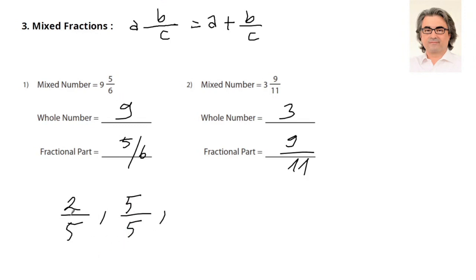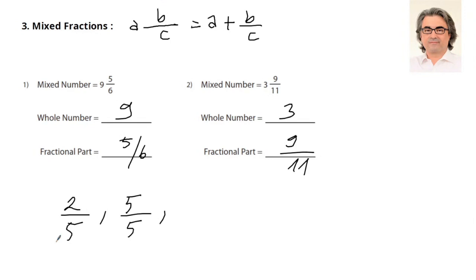So 2 over 5 is less than 1. So what is the type of 2 over 5? 2 over 5 is a proper fraction. If I have a proper fraction, then it means it's less than 1. All proper fractions are less than 1. And of course, this is for positive numbers.